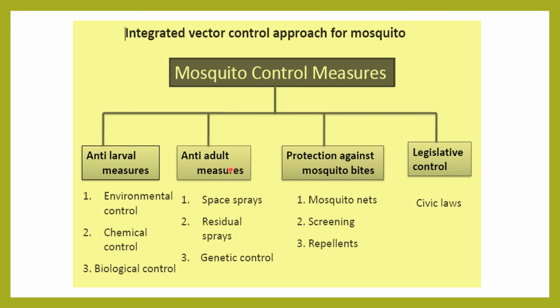Then for anti-adult control, we are using various sprays of malathion, parathion, etc. Then residual sprays of organochlorine compounds like DDT and genetic control. Then protection against mosquito bites, in that mosquito nets, then screening of buildings, and we are using repellents, and last one legislative control. Okay, so this completes the integrated vector control approach.